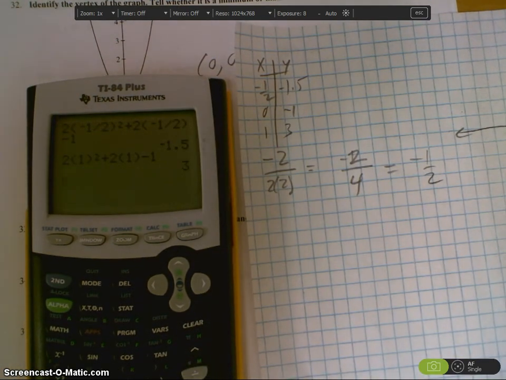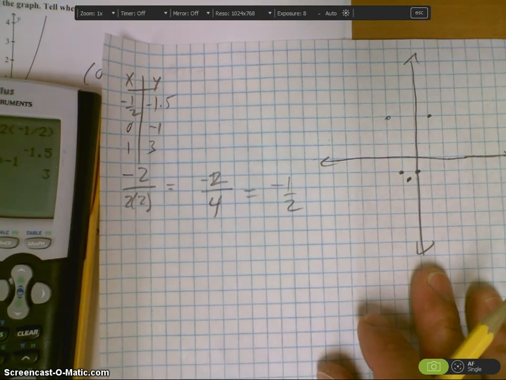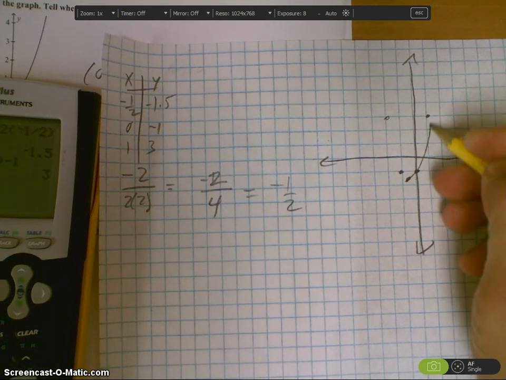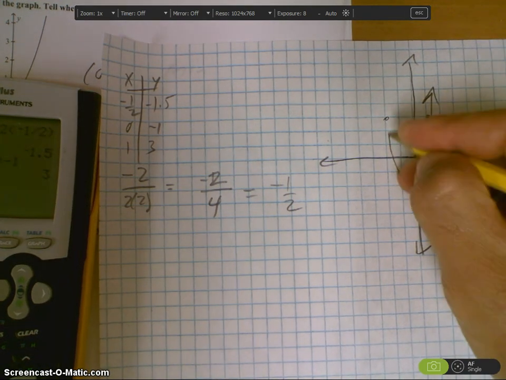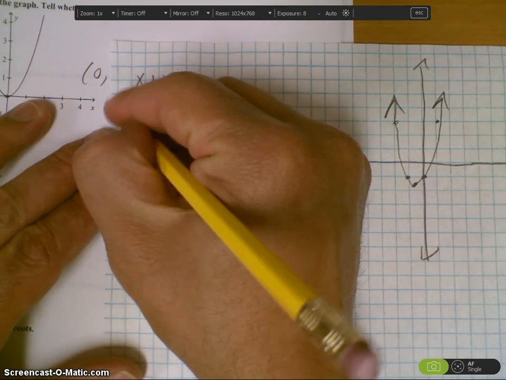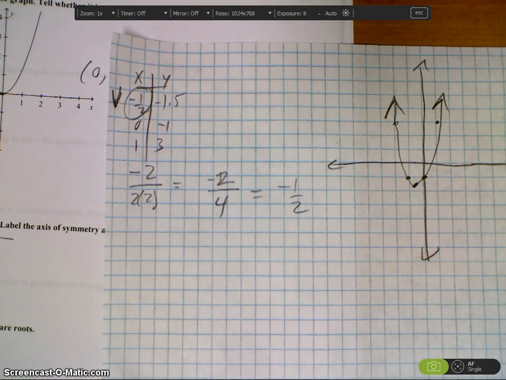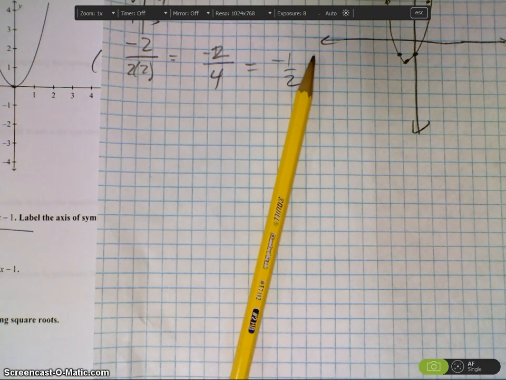And that's actually over 1.5. So if I reflect that, I get my graph. There's my graph. The vertex is here, and the axis of symmetry is there as well. Okay? All right. Let's stop there, and we'll start another video.